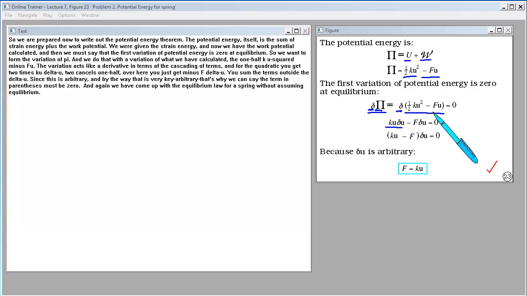Over here, you just get minus f delta u. You sum the terms outside the delta u. Since delta u is arbitrary, and by the way, that is very key, that's why we can say that the term in parentheses here must be 0. And again, we have come up with the equilibrium law for a spring without assuming equilibrium.